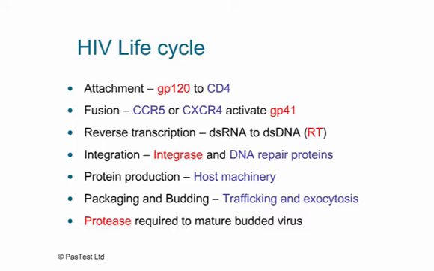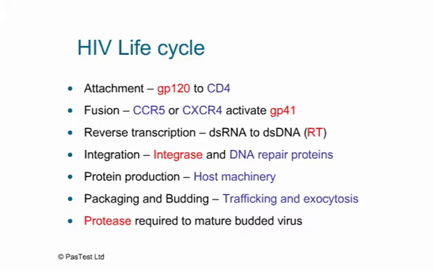CCR5 is found on macrophages, dendritic cells, and CD4 cells, and this tends to be recognized by HIV variants which are macrophage tropic, the so-called R5 variants. This tends to occur earlier during the HIV infection.